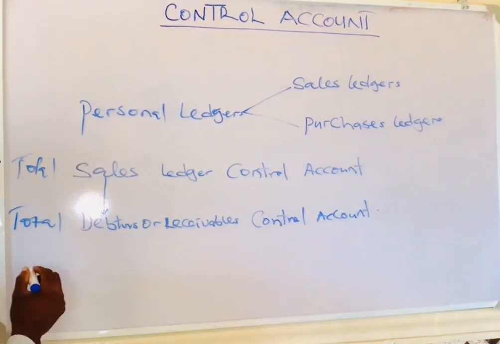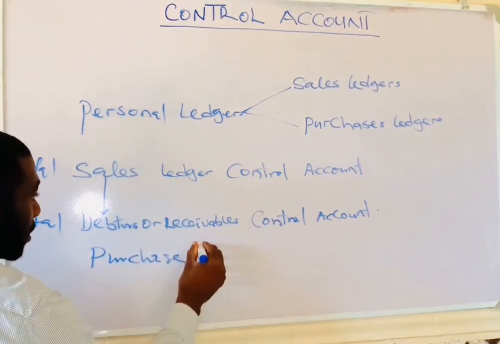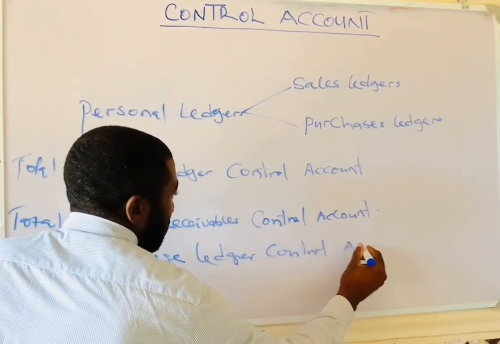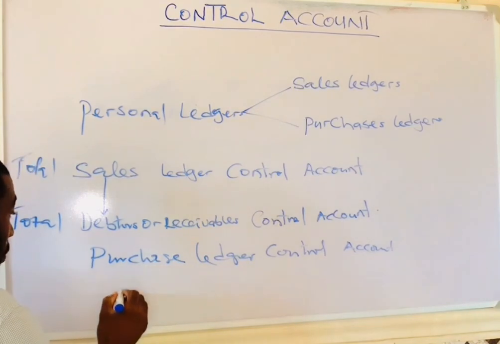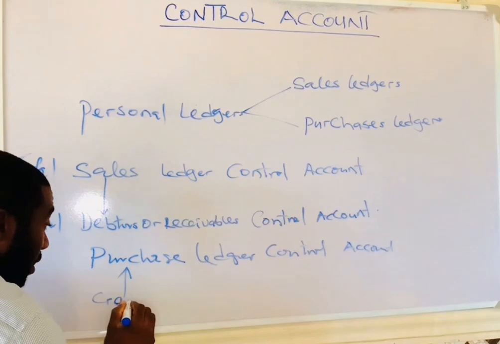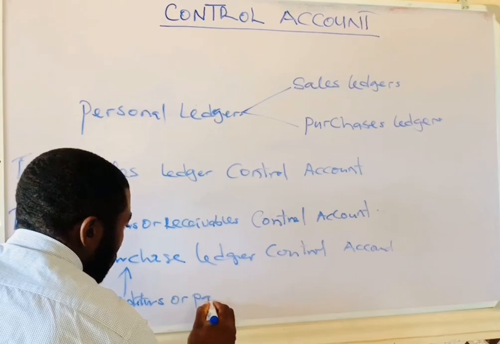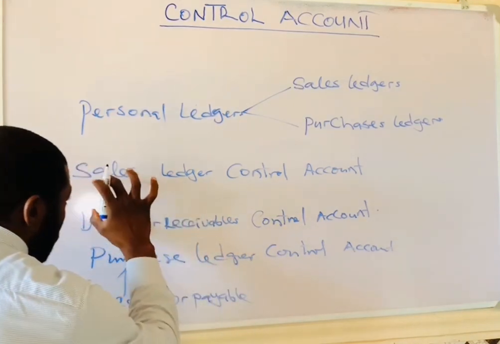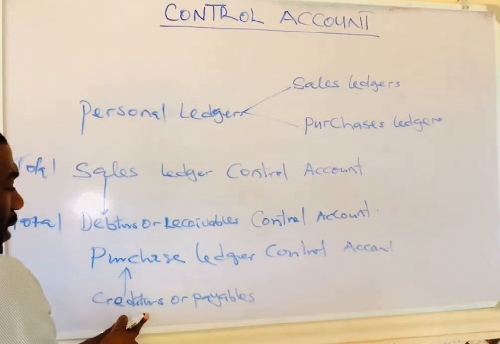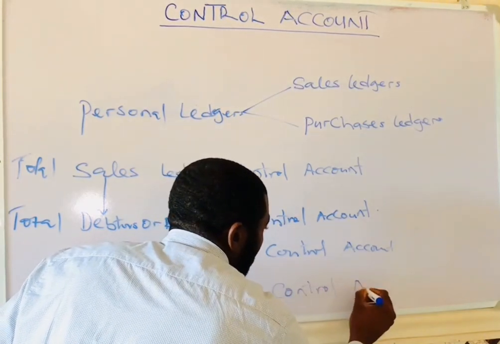Now if you come to the purchases ledger, it's the same thing. You say purchases ledger control account. We buy from our suppliers on credit, and it is the same as creditors or payables, the opposite of the sales ledger. So it might also be written as creditors or payables control account.